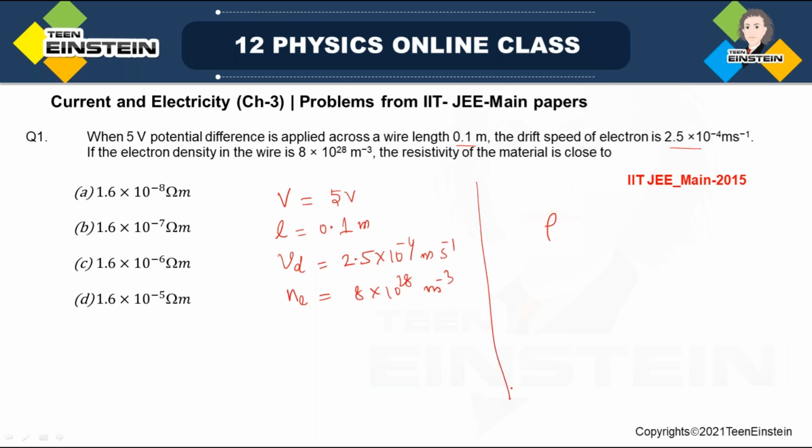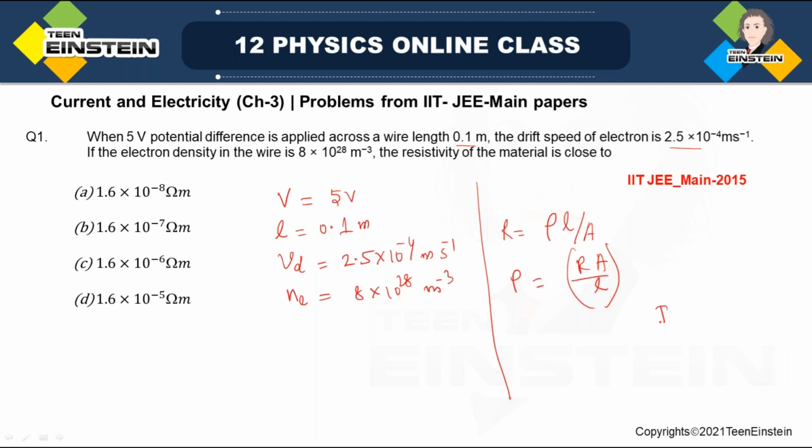So what is the rho? Rho is resistivity. Resistance is equal to rho L by A. Now you have to find out what is rho. Rho could be found out from R A by L. Right? Now what is this R?